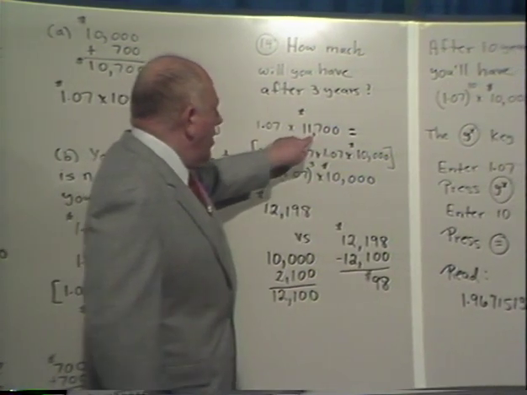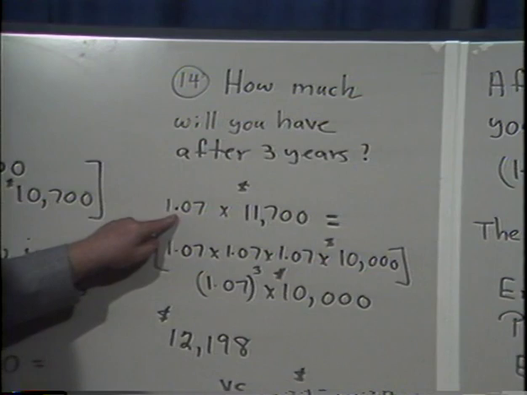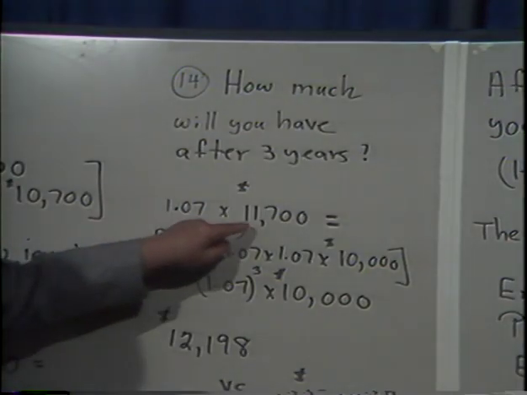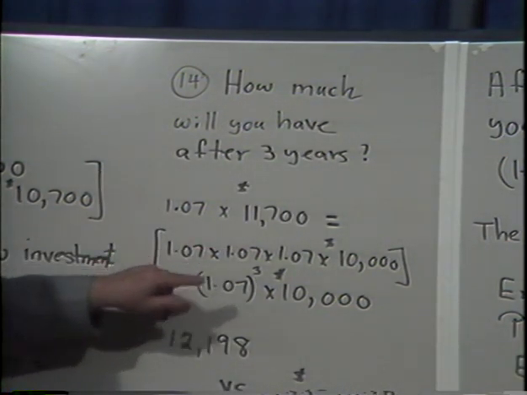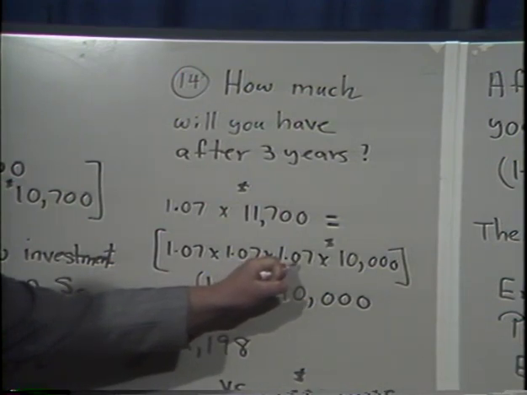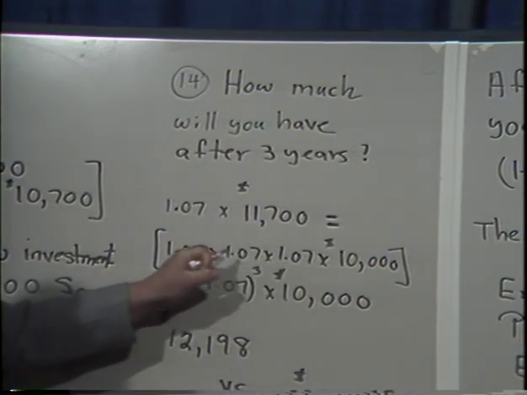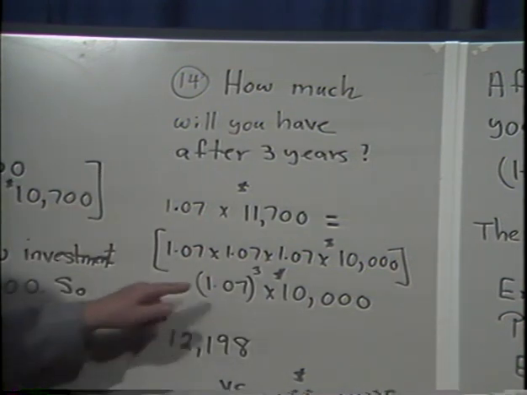Well, after 2 years, you had $11,449. Each of those dollars is going to earn you $1.07, so you're going to multiply what? $1.07 by 11,449. Or written this way, you see what's happened? You multiplied the first year by 1.07, then you multiplied by 1.07 again to see what you had at the end of 2 years, then you multiplied by 1.07 again to see what you have at the end of the 3 years.